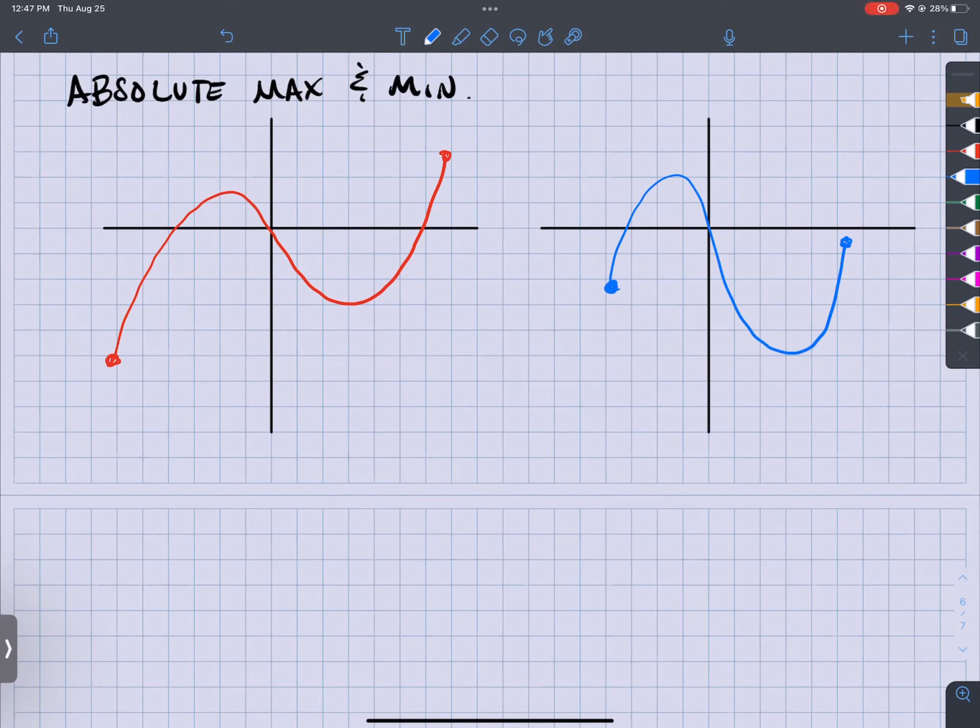so in the graph on the left, this right here is my absolute max. And this right here is my absolute min. While here, this is my local max. And this right here will be my local min.